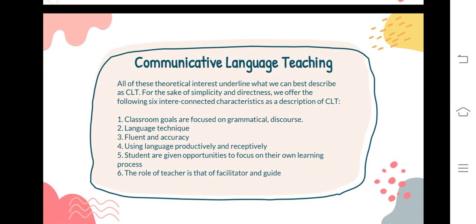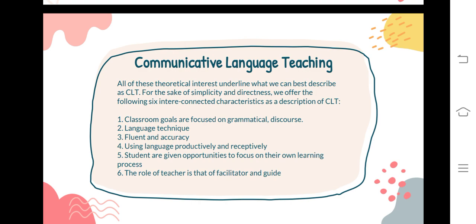Next, let's talk about communicative language teaching. All of these theoretical interests underlie what we can best describe as CLT. For the sake of simplicity and directness, we offer the following 6 interconnected characteristics as a description of CLT.